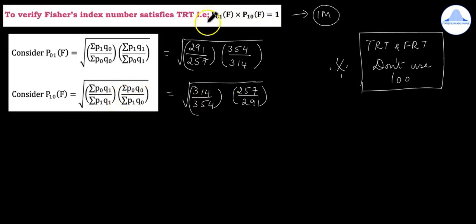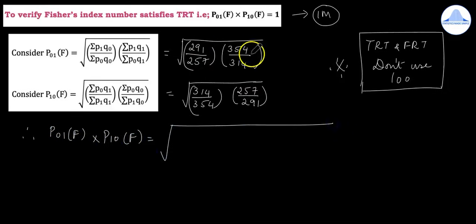Now what you should do, you should multiply both these. So this is the last step. Therefore, P01 of F into P10 of F is equal to, draw a long square root and write all these 8 totals.